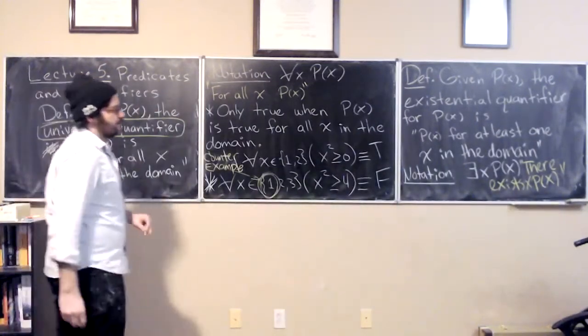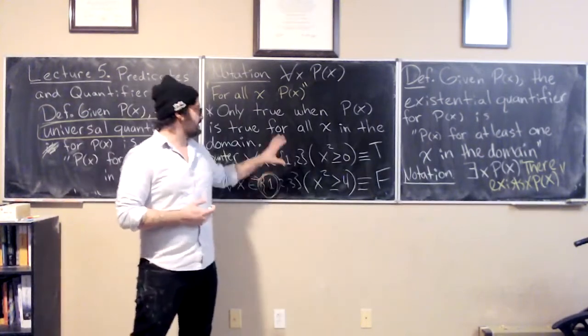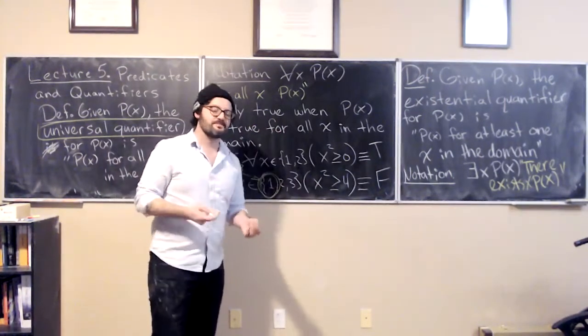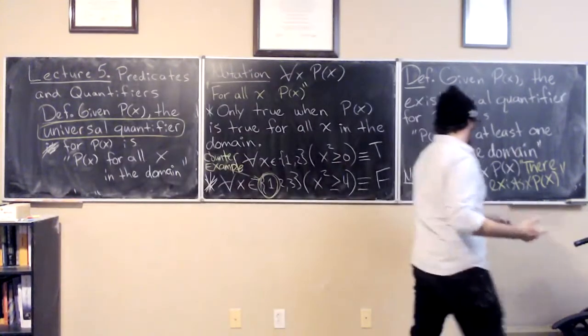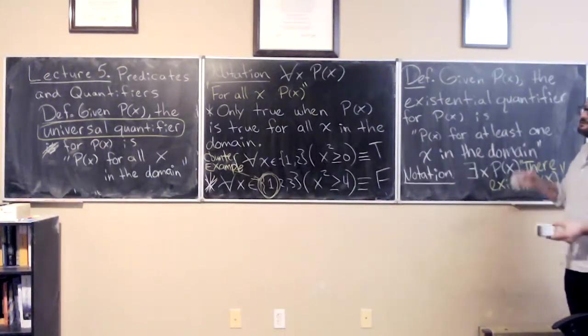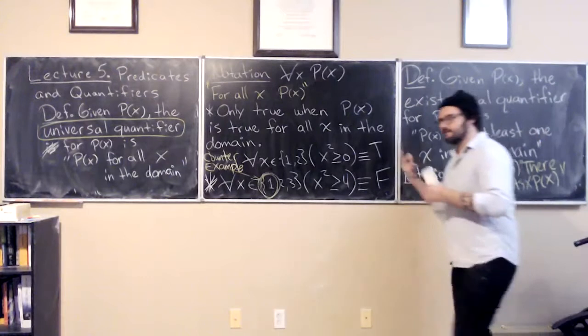Now, this is related to the universal, but it's somewhat on the other extreme. In order for the universal quantifier applied to a propositional function to be true, it has to be true for every single element in the domain of interest.